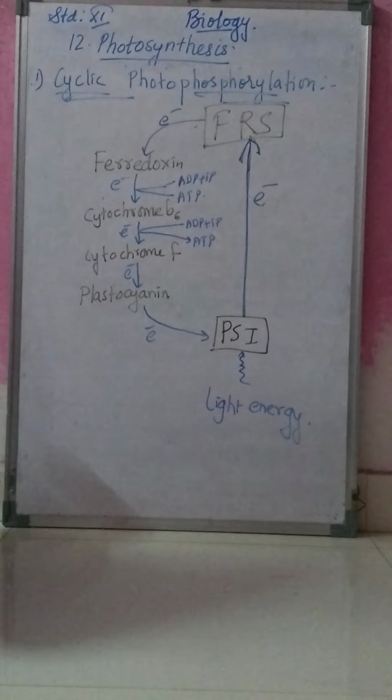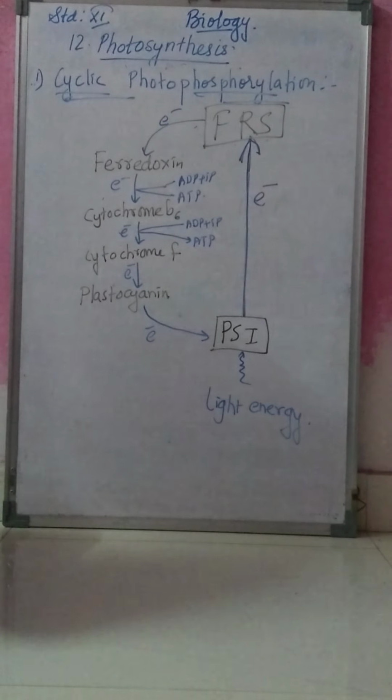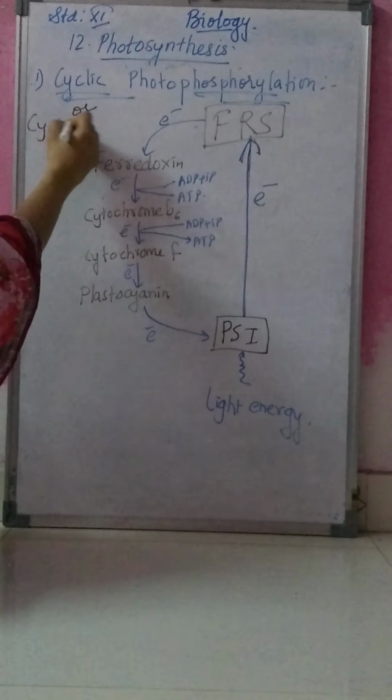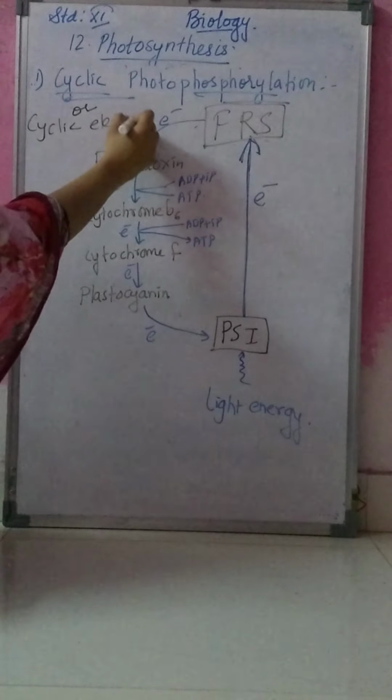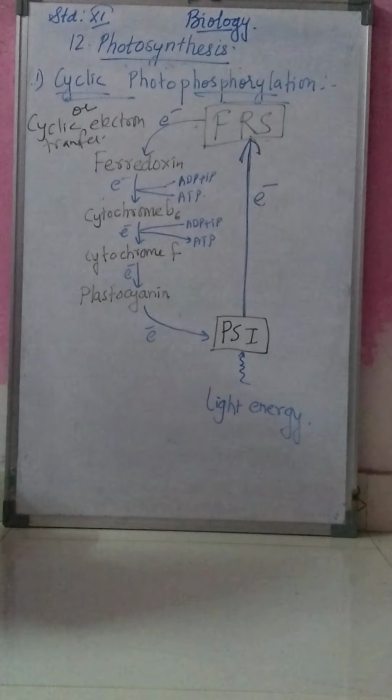Hence this type of electron transfer is known as cyclic photophosphorylation, or we can also say cyclic electron transfer, because here electrons are transferred. Now see how cyclic electron transfer takes place.